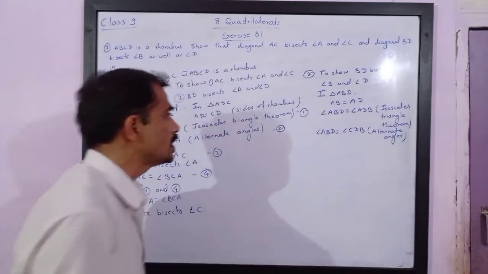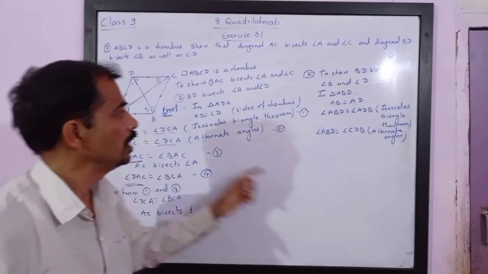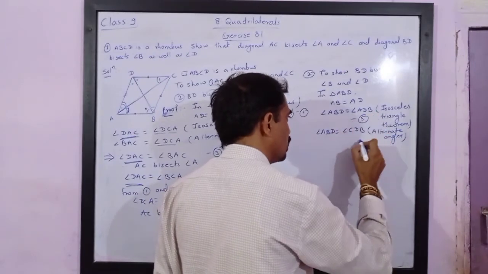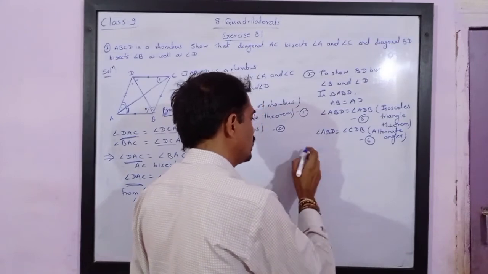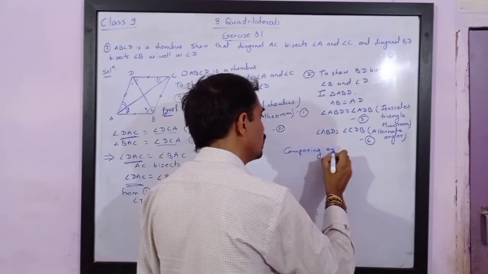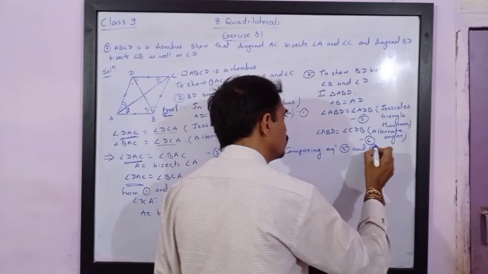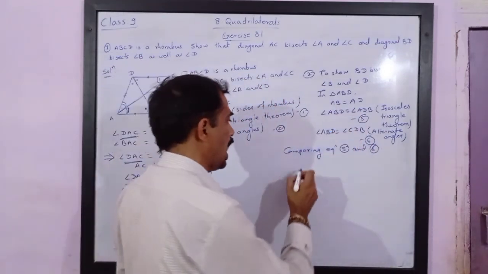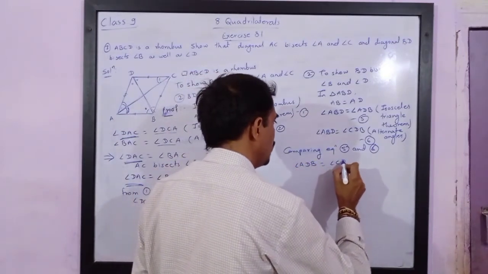Now see, ABD equals ADB and ABD equals CDB. Let us give these equations numbers 5 and 6. So comparing equations 5 and 6, LHS are same, it means RHS must be equal. I will get angle ADB equals angle CDB.